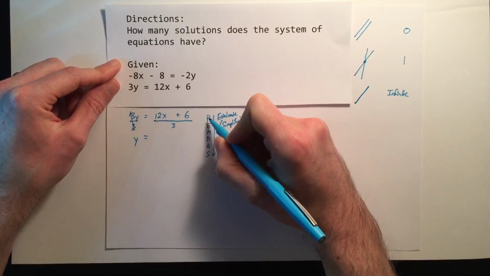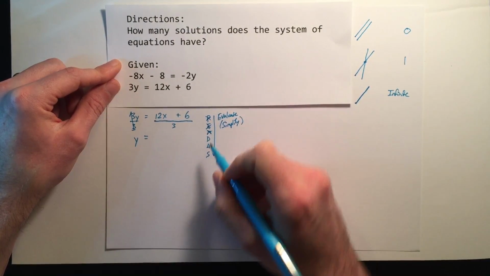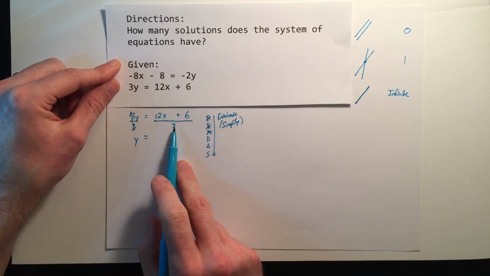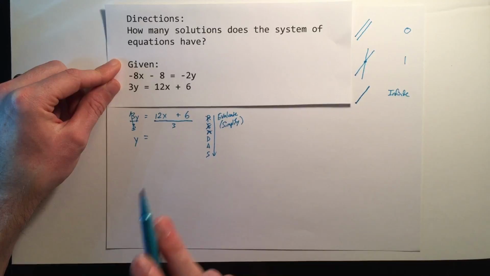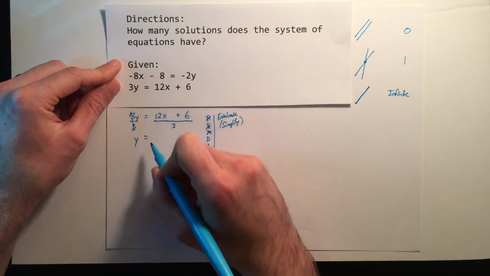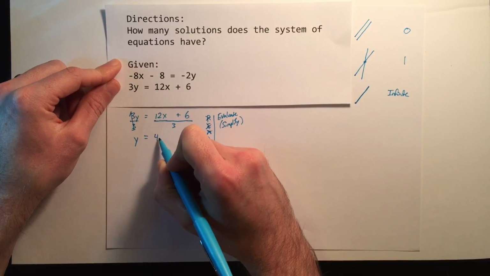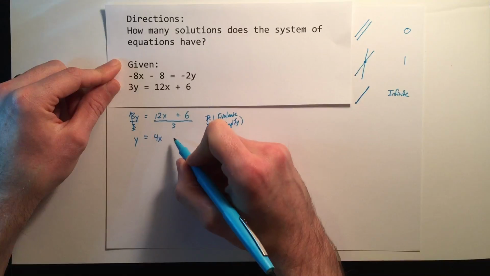So there's no parentheses, so we don't have to worry about that. There's no exponents. There's no multiplication, but there is division. Divide by 3. So we have to divide this 12x by 3 and this 6 by 3 first before we worry about the addition. So 12 divided by 3 makes 4. And so we get 4x. And 6 divided by 3 makes 2.